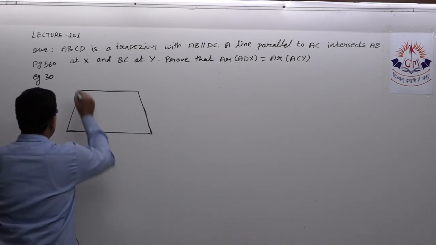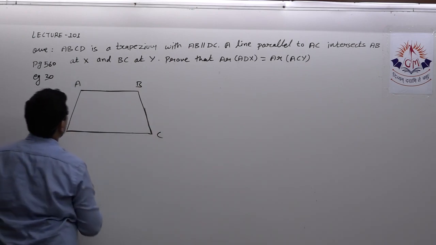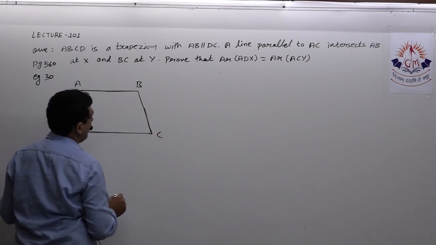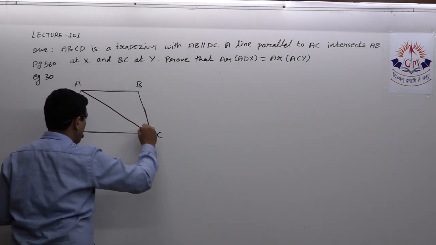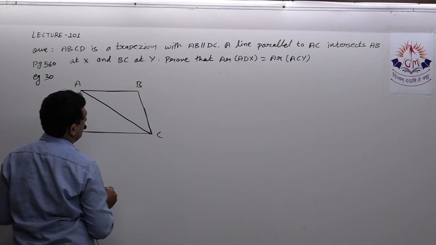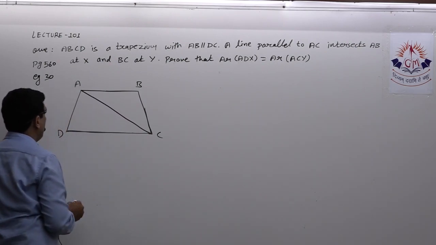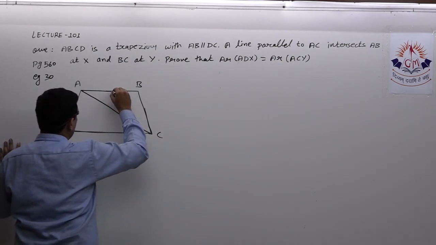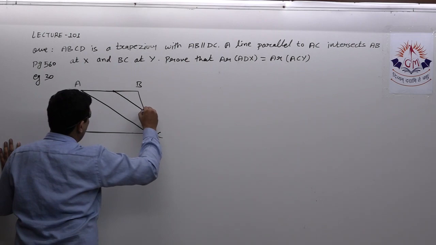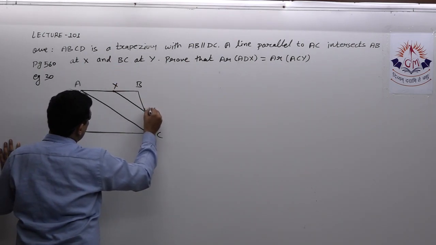So first of all I have to join AC. A line parallel to AC intersects AB at X and BC at Y.